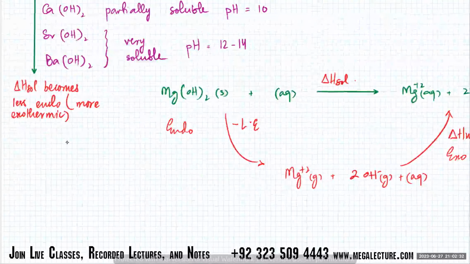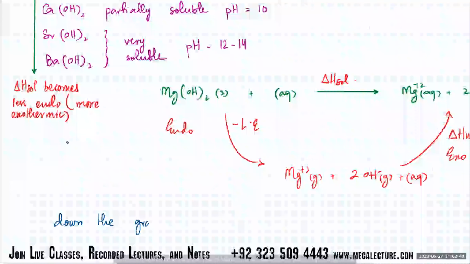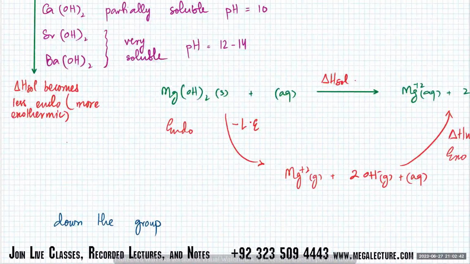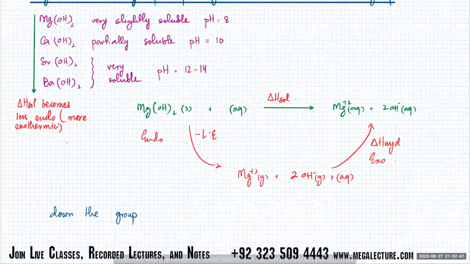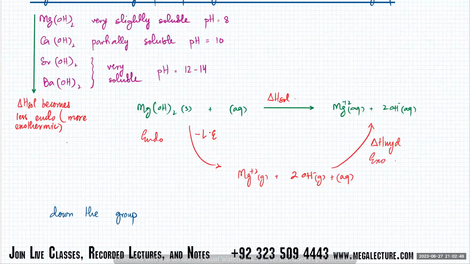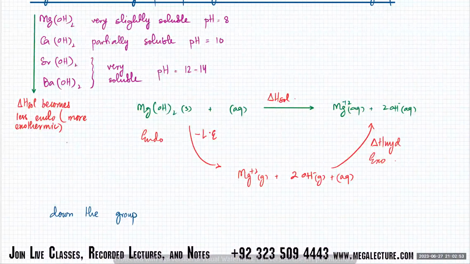Okay, when you go down the group from magnesium hydroxide to barium hydroxide, whether it's barium hydroxide or whether it's magnesium hydroxide, the Hess cycle is exactly the same. The only difference is that the cation is different. Okay, the OH ions are still there. Bas wo hoga ki magnesium ions ki jagah you've got calcium ions, or you've got strontium, or you've got barium.